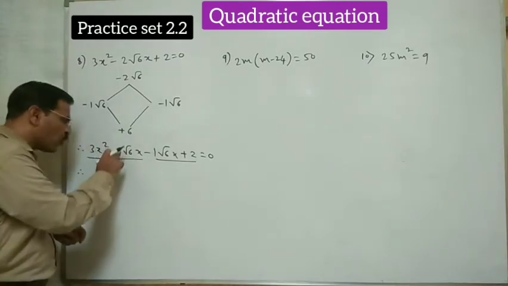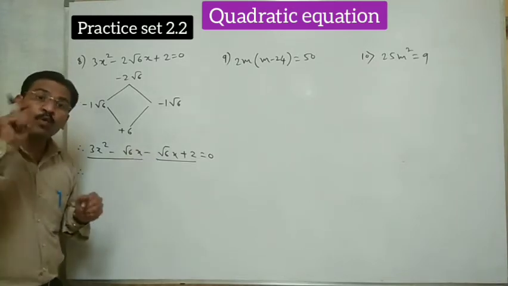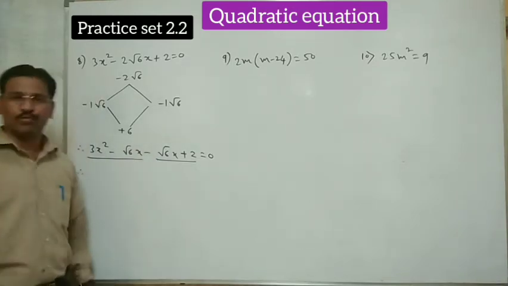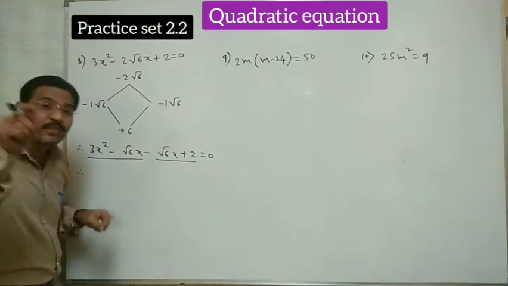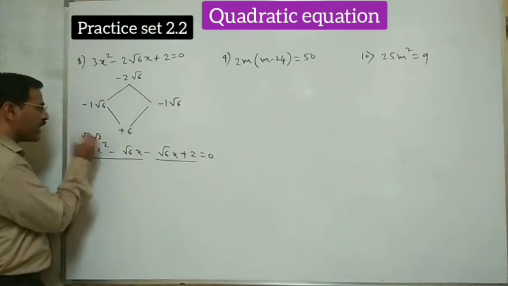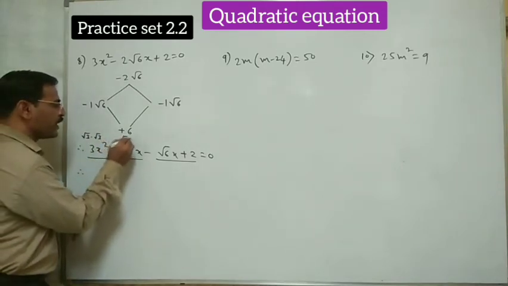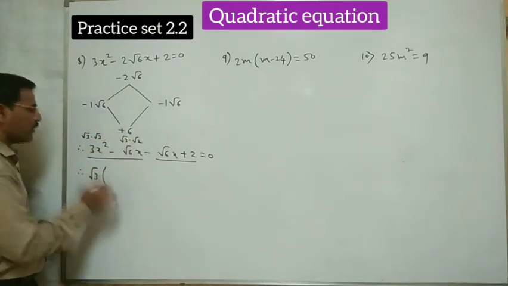Okay, I'll drop this down. Now what is √6? √6 means √3 into √2, and that √3 is here. Where? 3 means what? √3 into √3. So I will write here √3 into √3, here √3 into √2. So from these two, I will take √3 common.